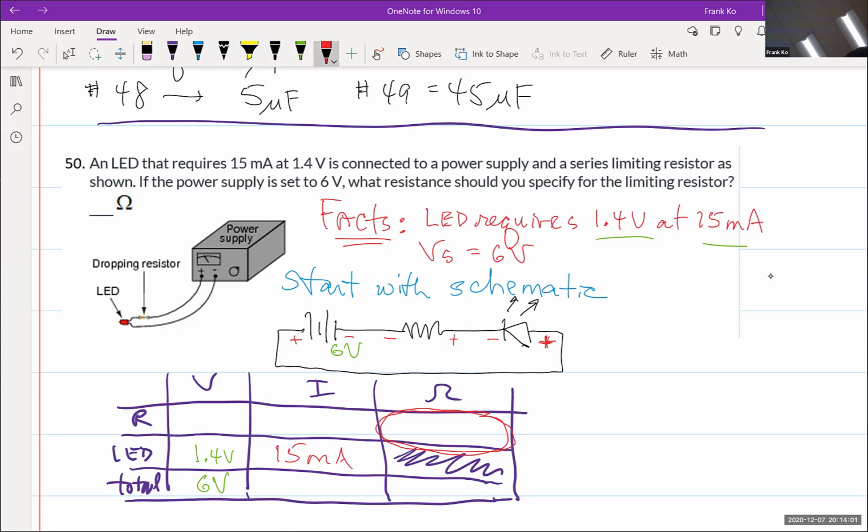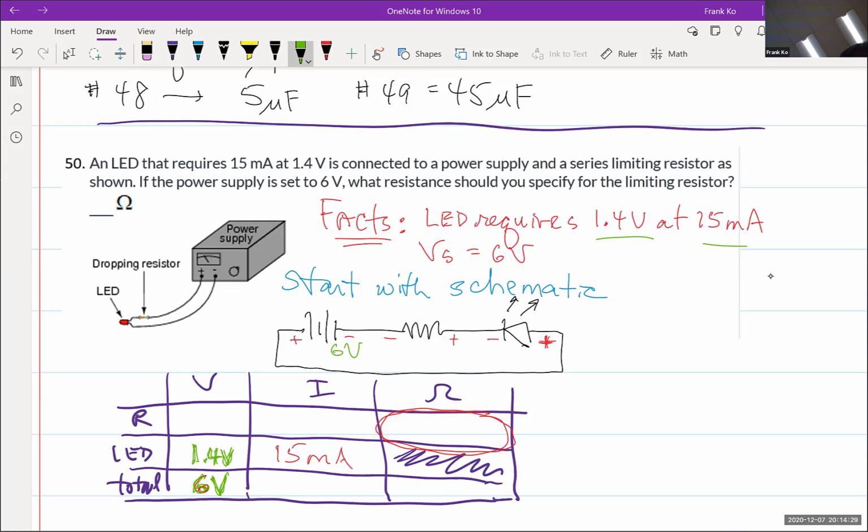Right here is my 6 volt source. 6 volts right here. 6 volts right here. And it says we require 1.4 volts for the LED. So if I have a total of 6 volts and I require 1.4 for the LED, how do I find the voltage on the resistor? I subtract, yes? Isn't 6 minus 1.4 going to give us what we're looking for? Cool. So how much is that, Wei Ji?